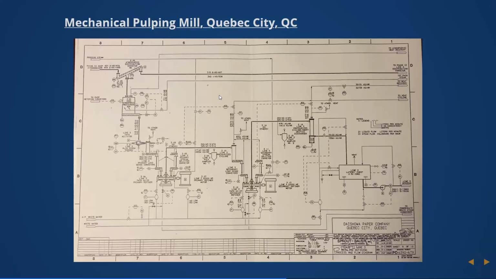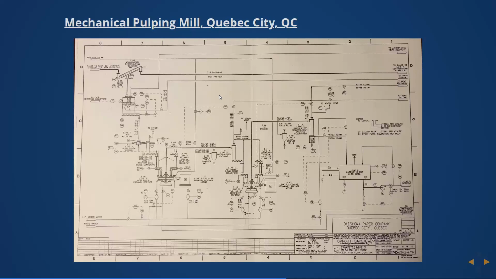And there are many different ways you can depict a process. For example, this is a process and instrumentation diagram. So it only shows logically what's happening in the process, kind of from the point of view of what it's doing to the pulp and the water.